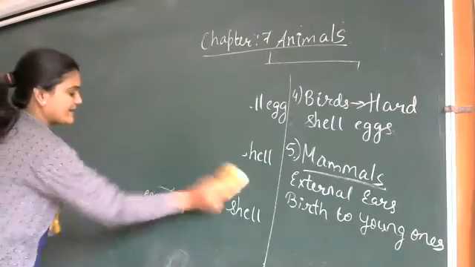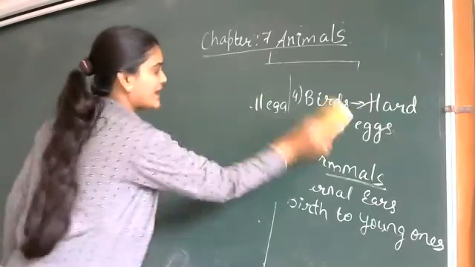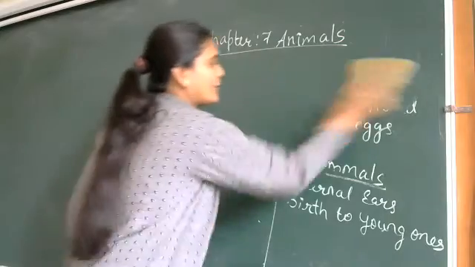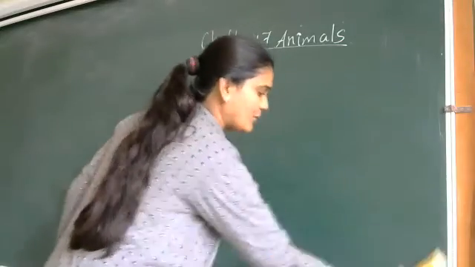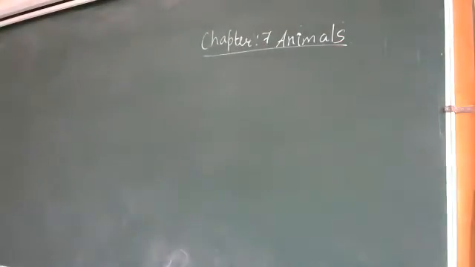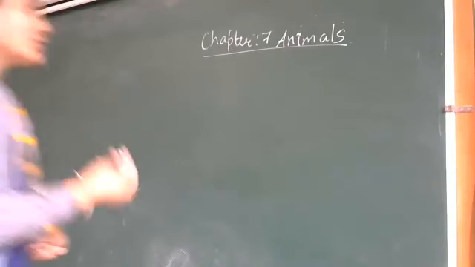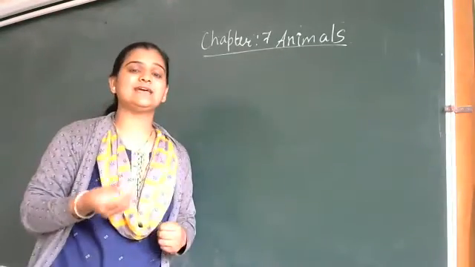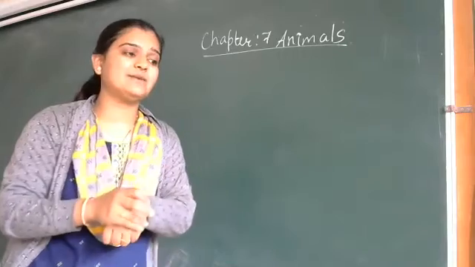So in each one, what is the body covering? How do they have the body covering on their body? On the skin. Tell me, children, what benefits does the body covering give them?